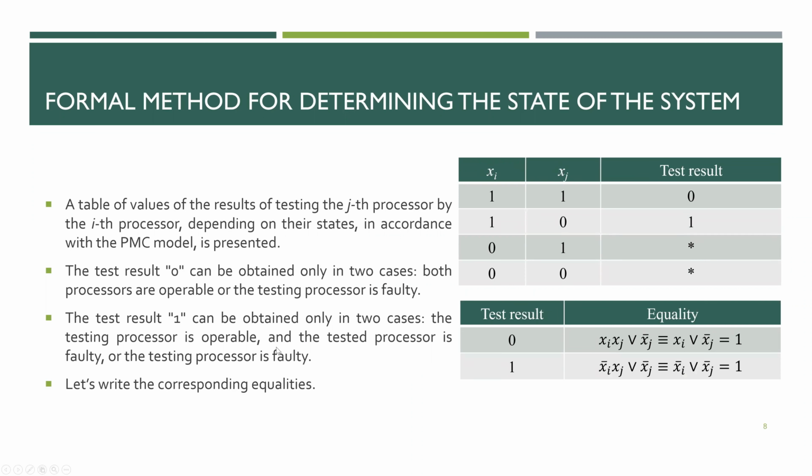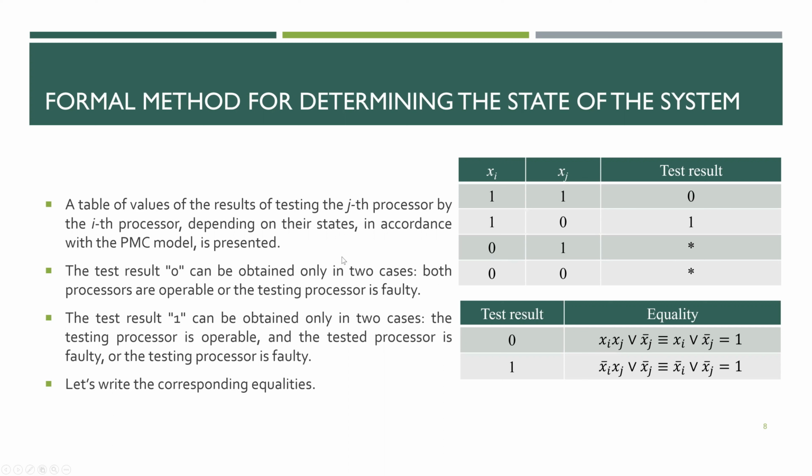Let's build a table of values of the results of testing processor j by processor i, depending on their states, in accordance with the Preparata model. It is this table. You can see when the testing processor is faulty, then we can get any result, which is described with an asterisk symbol.